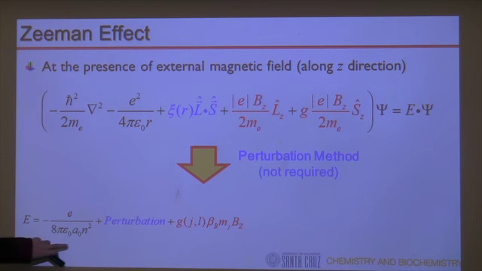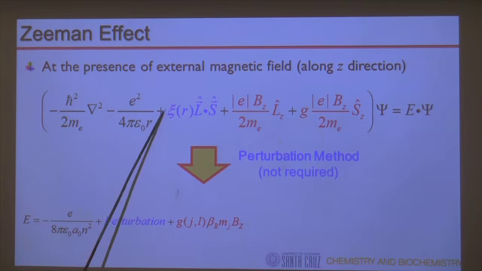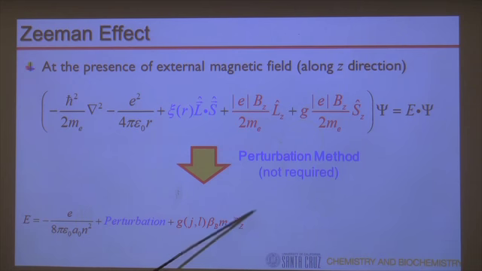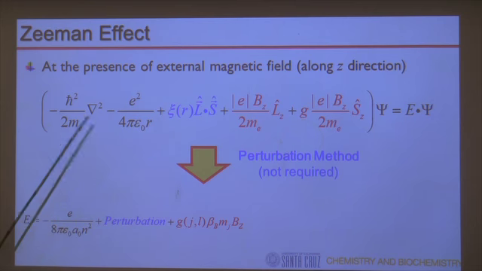Okay. Now, this part is what we learned before, predicted by the Bohr model, plus the perturbation from LS coupling, plus this term. This term accounts for the magnetic interaction, or also accounts for the energy change based on the external magnetic field.